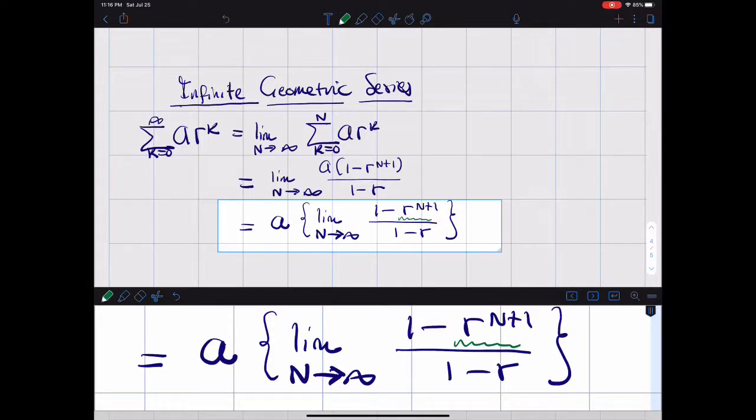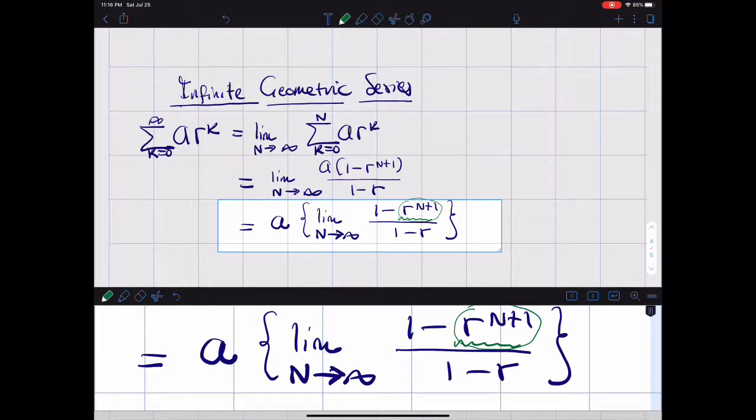If r is less than 1, as n goes to infinity, you're raising a number that's less than 1 to a really high exponent. So this whole thing will go to 0. It will go to 0 if it's less than 1. So you're just left with 1 over 1 minus r.